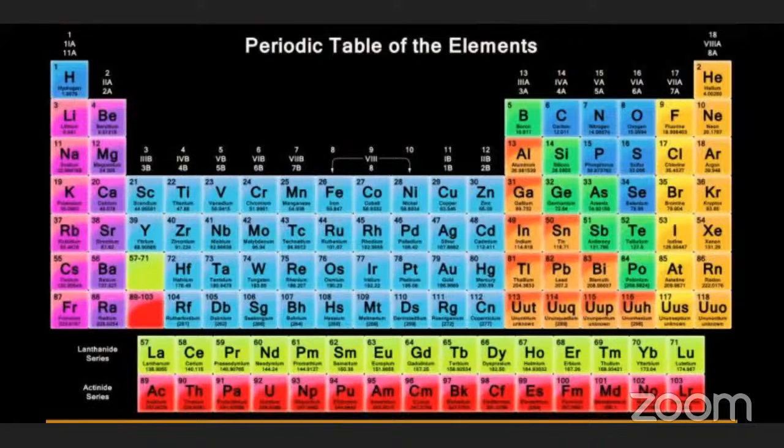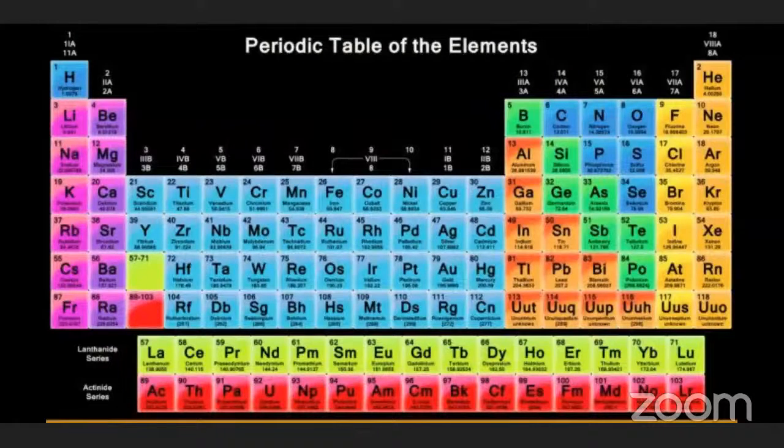The last element is krypton. The first element of the fifth period is rubidium, and the last element is xenon. The sixth period is cesium, and the last one is radon. The seventh is francium. And the last element is blank, as we do not have a particular name yet.